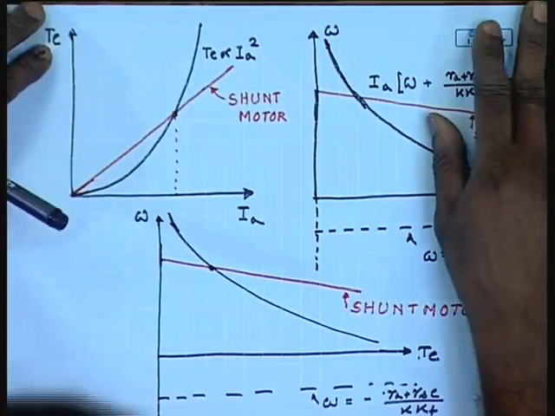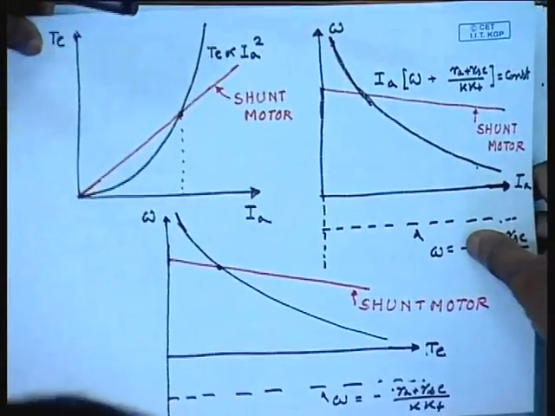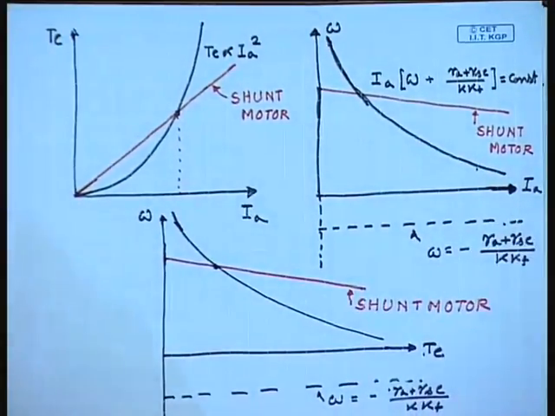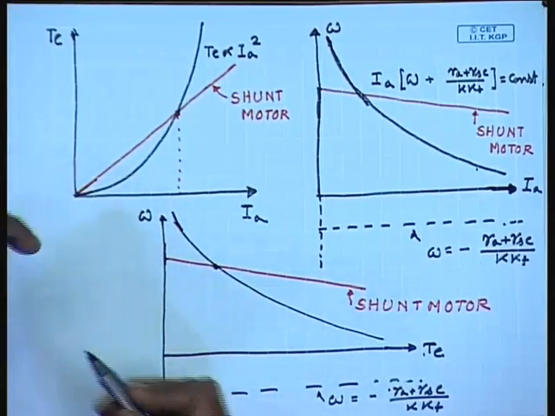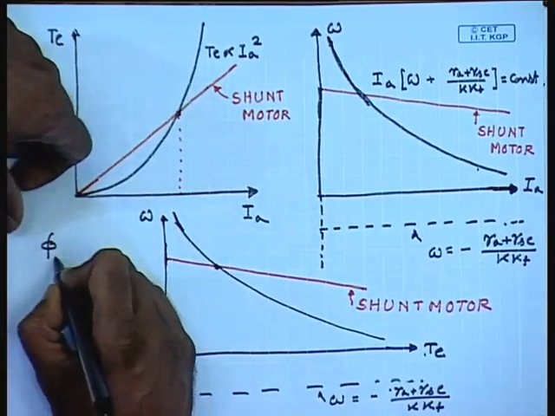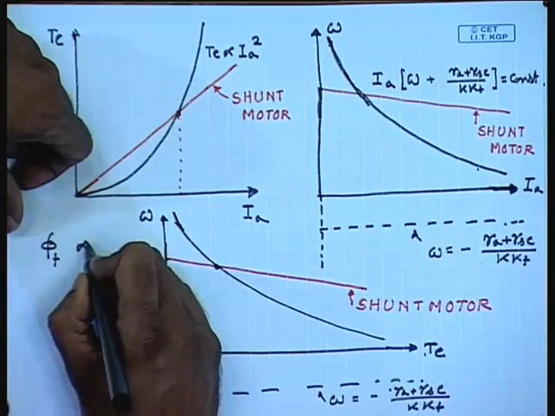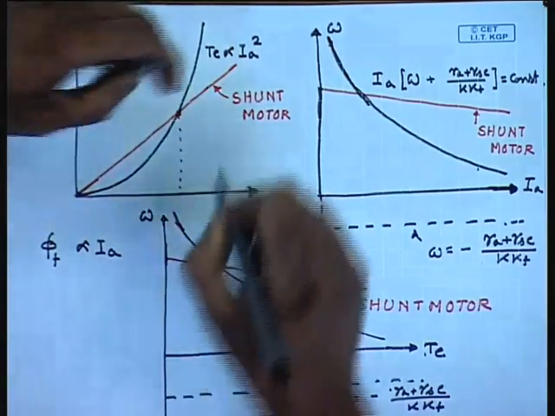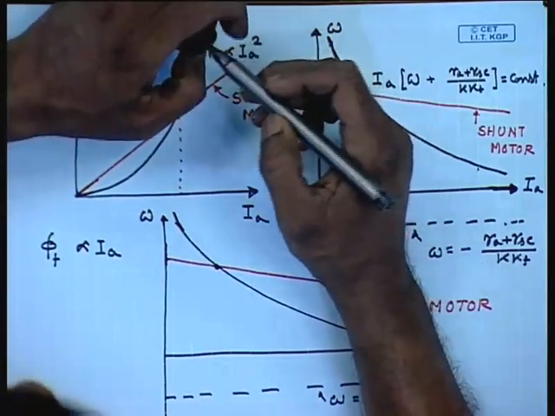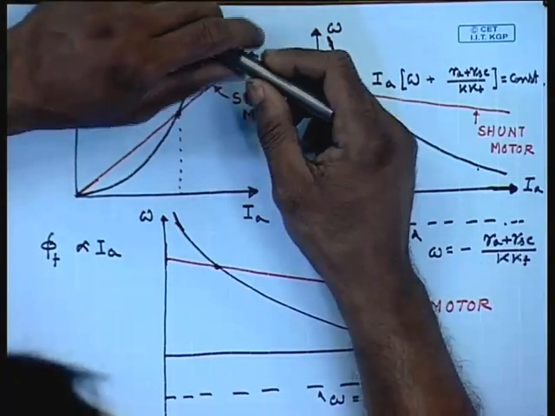The characteristics we have drawn so far are somewhat idealized, in the sense we have assumed the flux phi f to be proportional to I_A. While this is true for small values of I_A, for larger values of I_A, two effects, the saturation of the field and the armature reaction effect, tend to violate this condition.